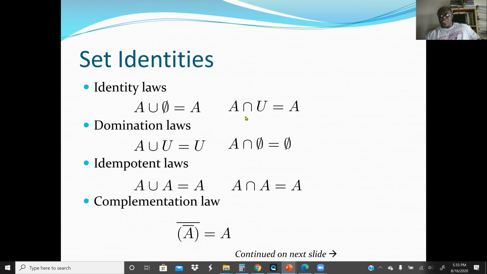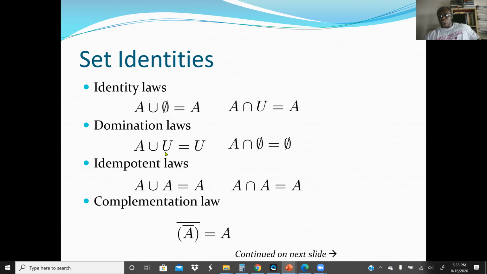Or if I have set A and I want to intersect it with U, what will be common? Since the universal set has everything, whatever is in A is also in the universal set. So the answer will be A. Domination laws: we said A union universal, because we talk about no duplicates, everything that is in set A is in the universal set.